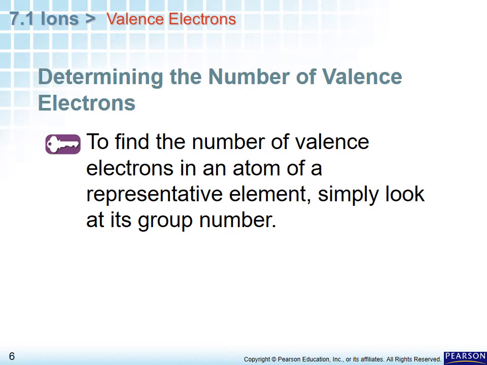So the number tells its valence electrons. In group 1, how many valence electrons? 1. In group 2, 2. Group 3, 3. Group 4, 4. Group 5, 5. Like this.